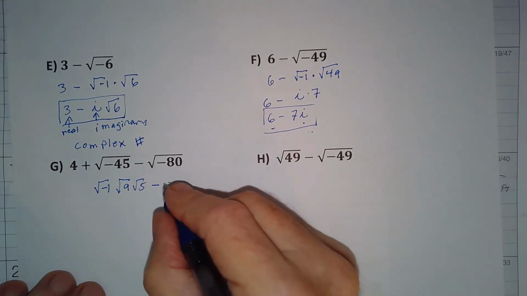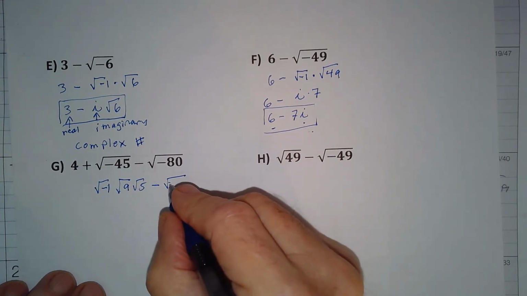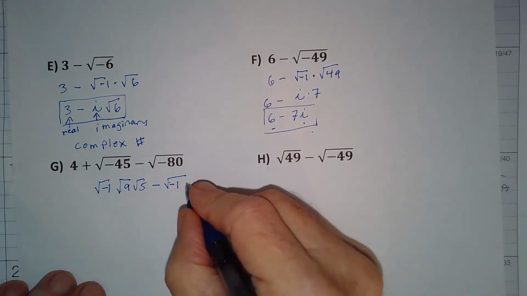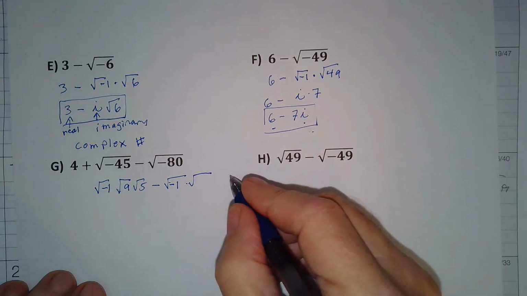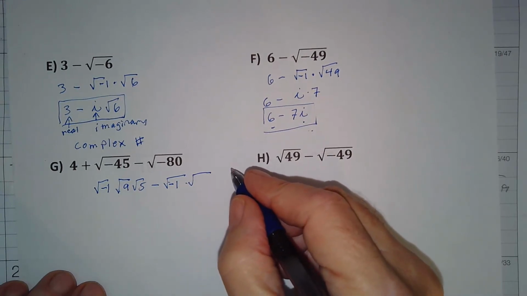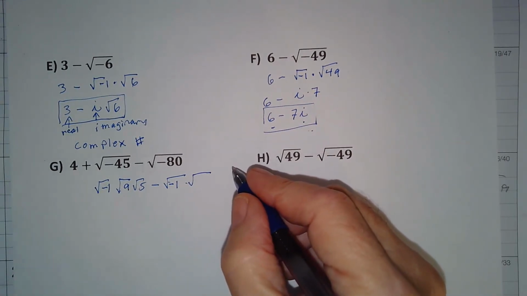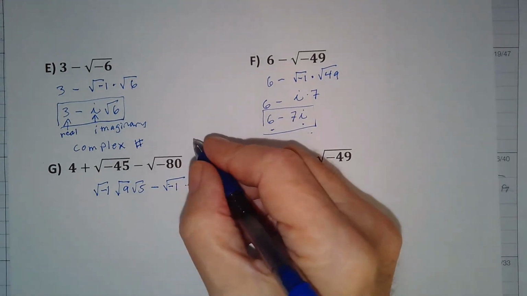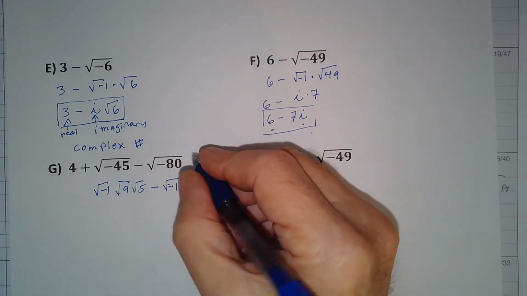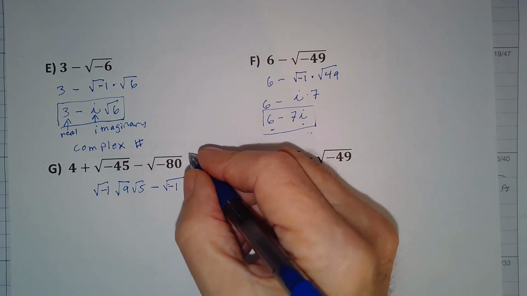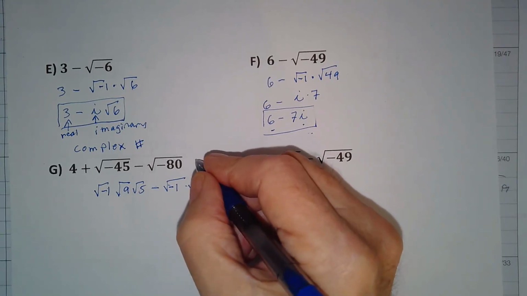We've got the square root of negative 80, so that's the square root of negative 1 times the square root of, what is 80? We could do 10 times 8.